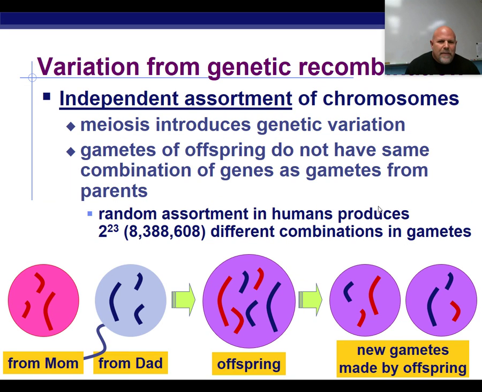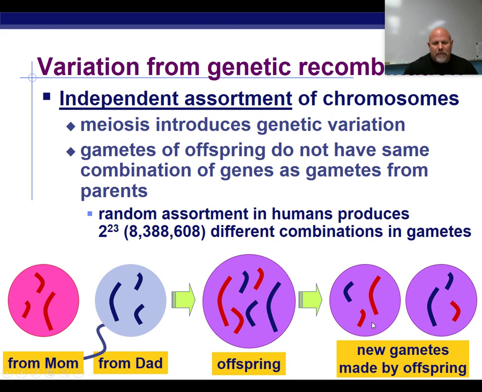So basically what happens in independent assortment is you get chromosomes from your mom and you get chromosomes from your dad. So think of it this way. My mom is going to donate some chromosomes to me. My dad's going to donate some chromosomes to me. So I'm a combination of those. When I make gametes, basically what happens is I mix up my mom and dad's chromosomes in my gametes.